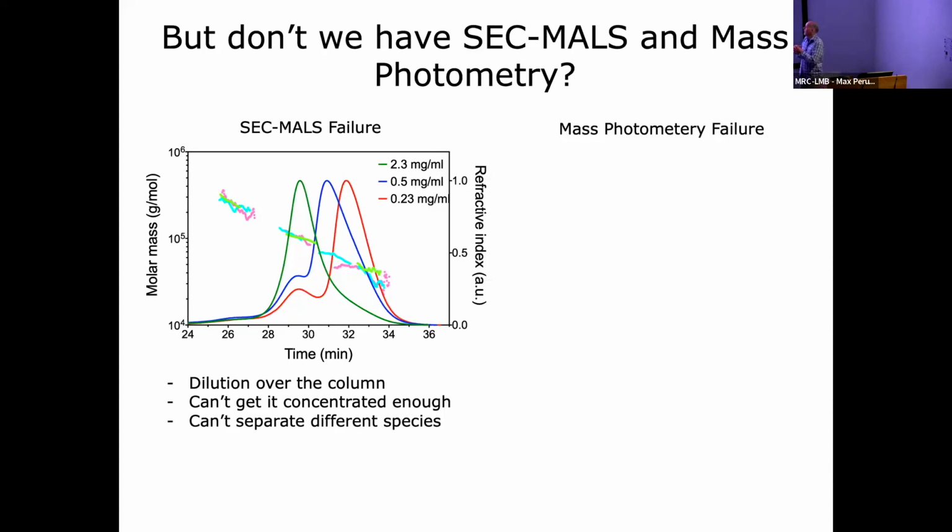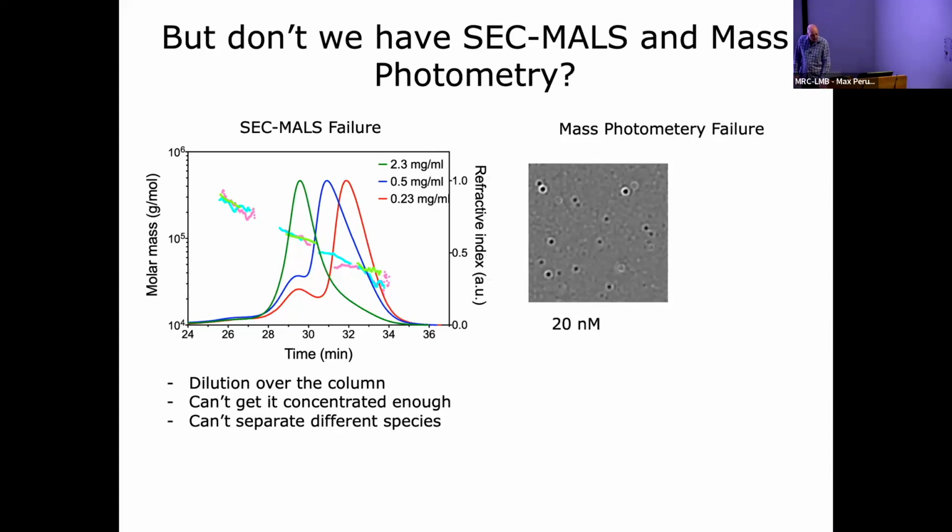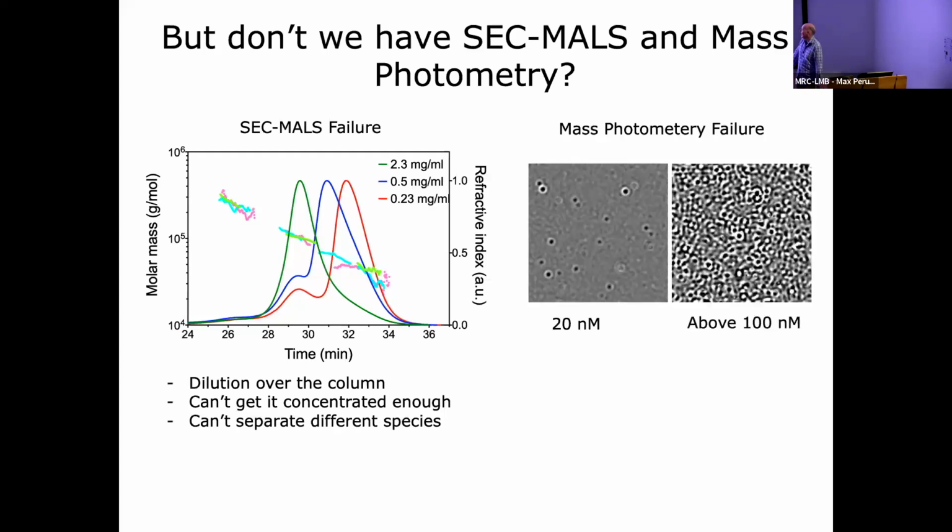Okay, so Chris talked in the single molecule session about mass photometry. Usually we're in a regime of low concentrations, and you can see nice little point spread functions and nice contrast in the center to get the mass. But of course, complexes may not always form at 20 nanomolar. If they're higher than that, what do you get?